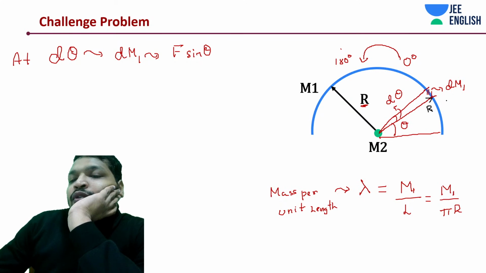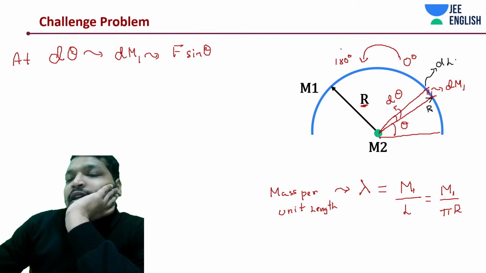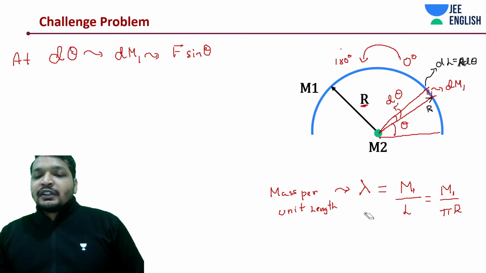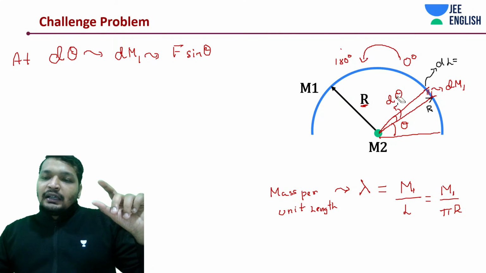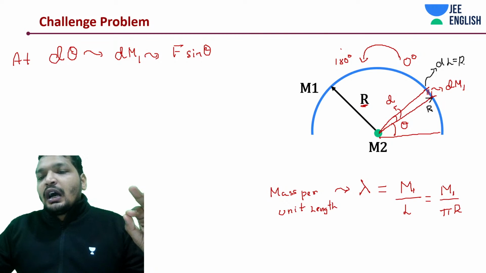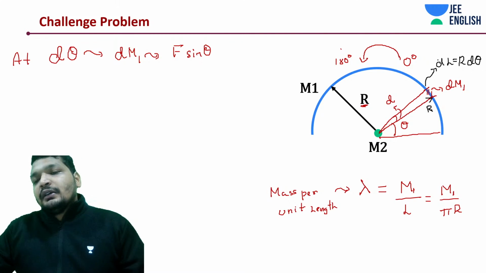So what is this small elemental length dl? dl can be written as r d theta. In the same way as you write L is equal to r theta, similarly we are stating for a small angle d theta with the same radial distance r, it's going to be r d theta.